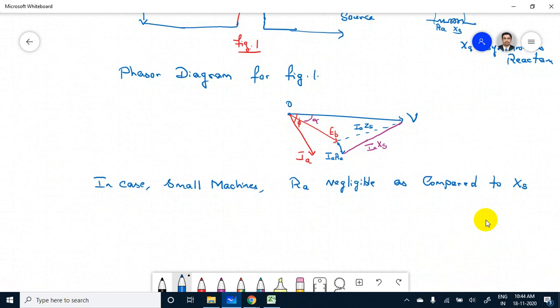Now if we neglect it, the equivalent circuit will be only reactance plus back EMF.